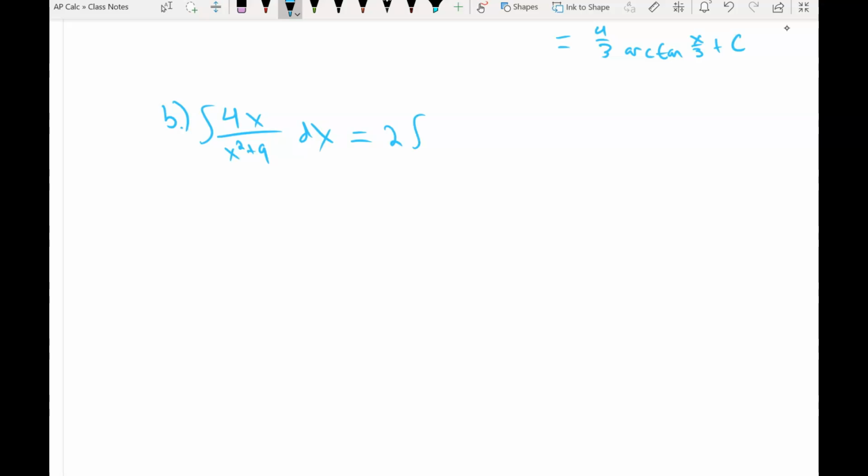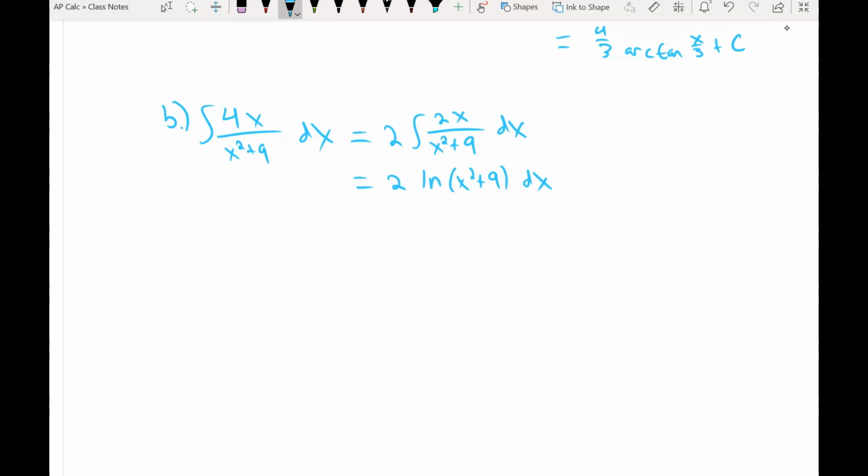This is the same as 2 times the integral of 2x over x squared plus 9 dx. That's helpful because now we have u prime over u, which means this is 2 times the natural log of u, which is x squared plus 9. So it should just be 2 ln of x squared plus 9.